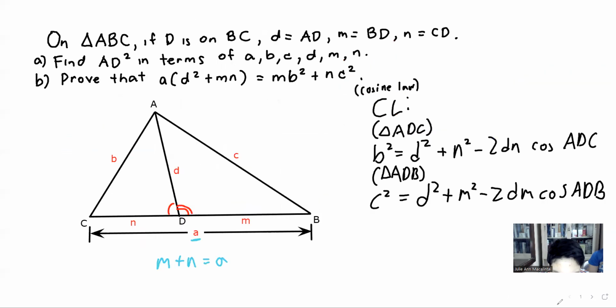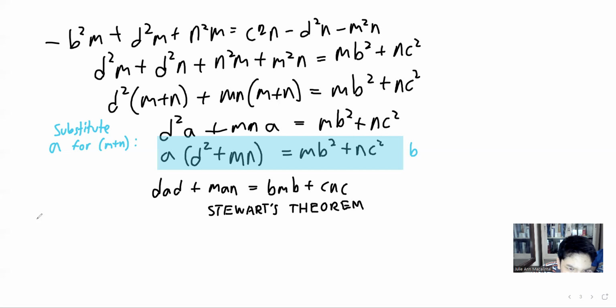Going back to A, we need to find AD squared. What's AD? AD equals d. Just making that a little clearer. So basically, we need to find d squared in terms of a, b, c, m, and n. Okay, here we found that a d squared plus mn equals mb squared plus nc squared.